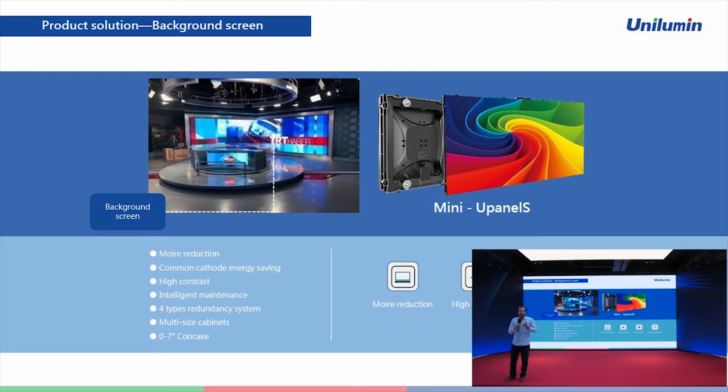Our product solution is the Mini U-Panel S. Mini is good at Moire-free and high contrast. U-Panel S is a smart product. It has an intelligent module, supports intelligent maintenance, and it can provide up to 7-degree concave curve, and so on.